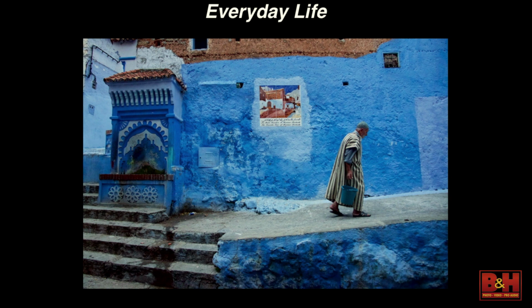Here, a man that I photographed in Chefchaouen, Morocco, one of my favorite places in the world. It's definitely my favorite in Morocco. And it's known as the Blue City. There's a lot of blue cities in the world. We talked earlier about Jodhpur being a blue city as well. But everything's sort of blue, light blue, mauve, these purples and things like that. But I found this wonderful background and saw this man walking with this blue bucket.